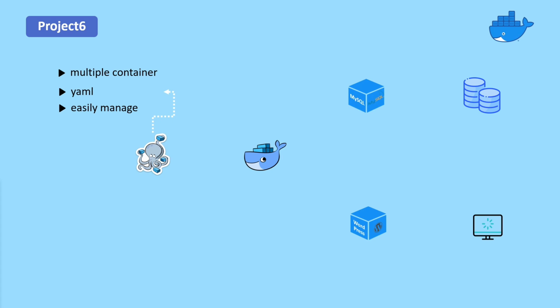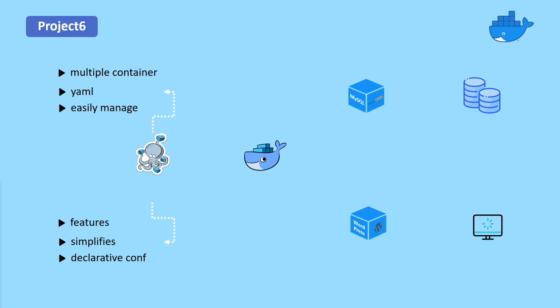So Docker Compose allows you to easily manage relationships between containers, such as dependencies and communications. It also provides features such as volume, network management, environment variable settings, and container health checks.